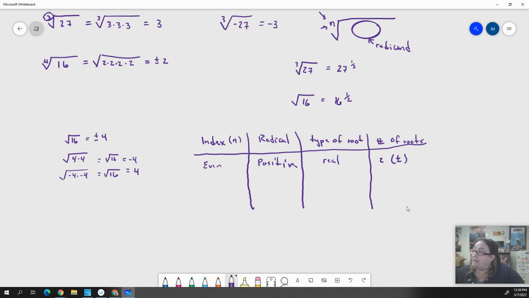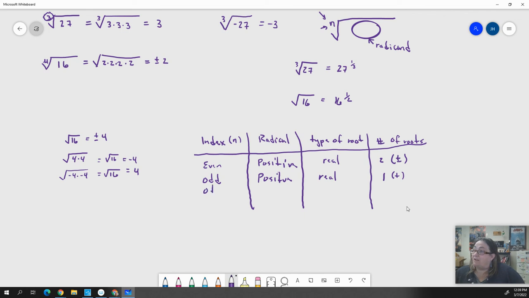If my index, if my n is odd, and I have a positive radical, my solutions are still real, but I only have one root, and it will be positive.